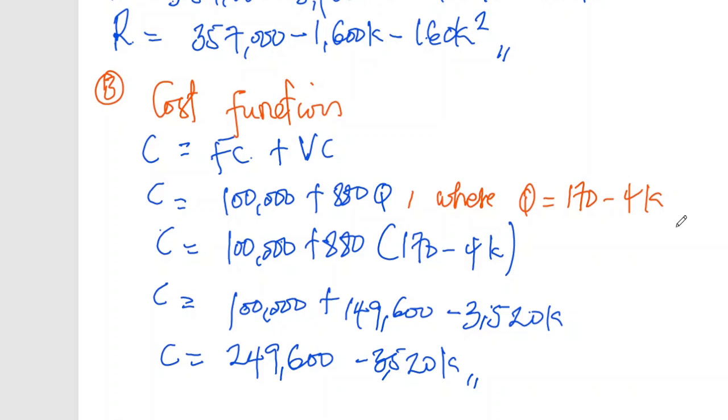Expanding, we get 100,000 plus 149,600 minus 3,520k. When you solve this, you get 249,600 minus 3,520k as your cost function.